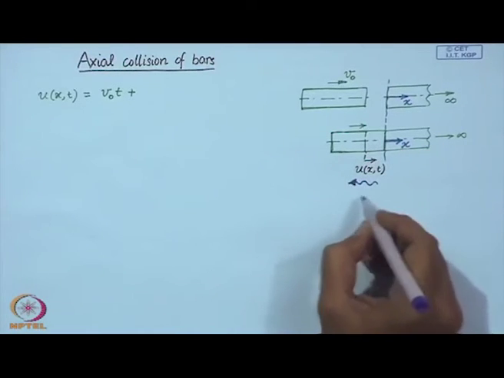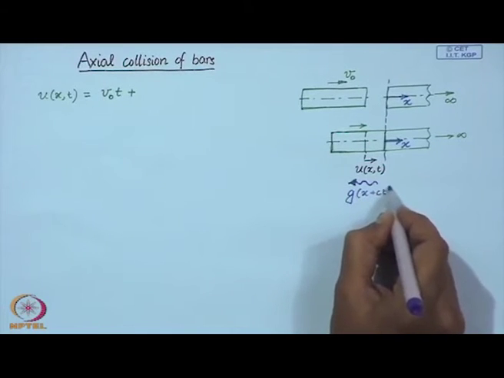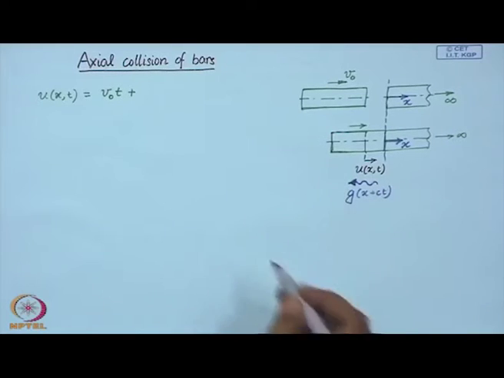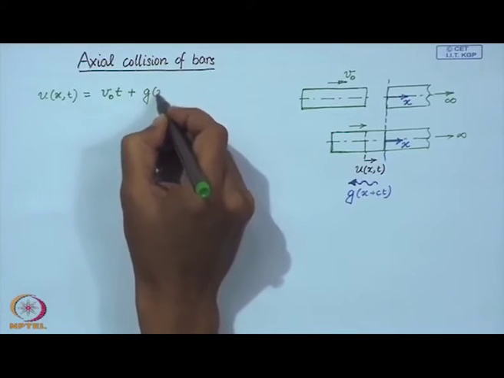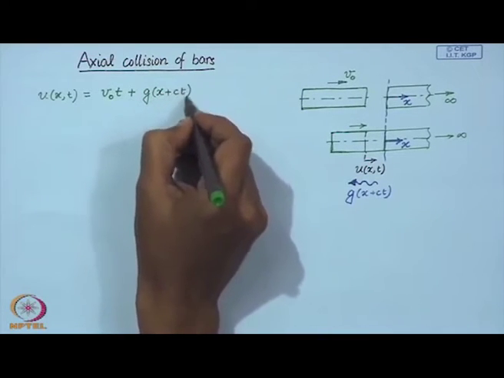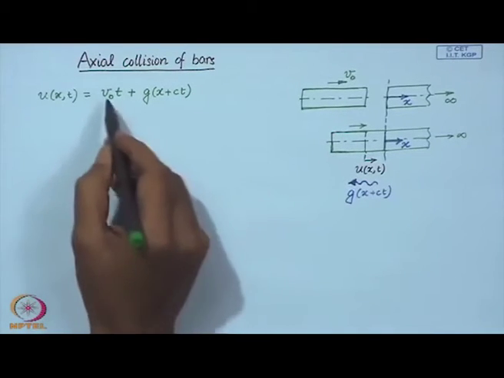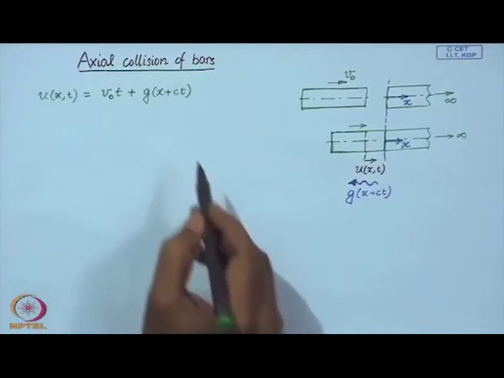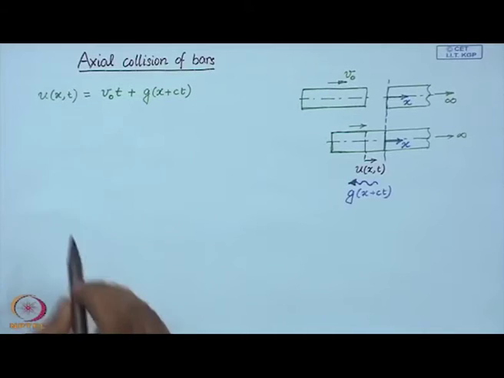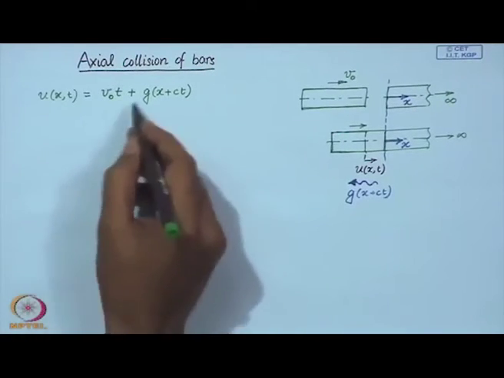This wave will be represented by g(x + ct). This is the gross motion of the bar, and over and above this there is this wave propagating in the negative x direction as a result of the collision.